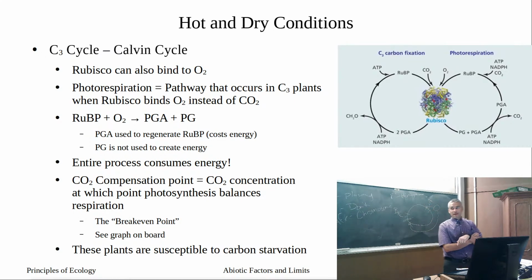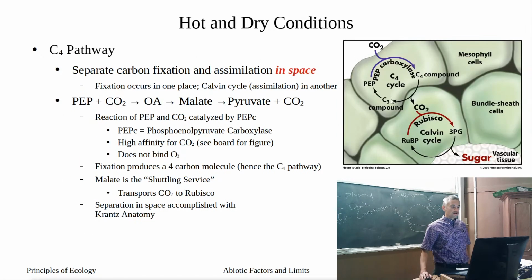Fixation happens in the leaf itself, and that first step uses PEP carboxylase. PEP carboxylase has a high affinity, so it pulls out as much CO2 in that leaf as it can. In so doing, it ensures a very high concentration of CO2 right at Rubisco. As long as we maintain a high concentration of CO2, we prevent photorespiration from occurring in those plants.